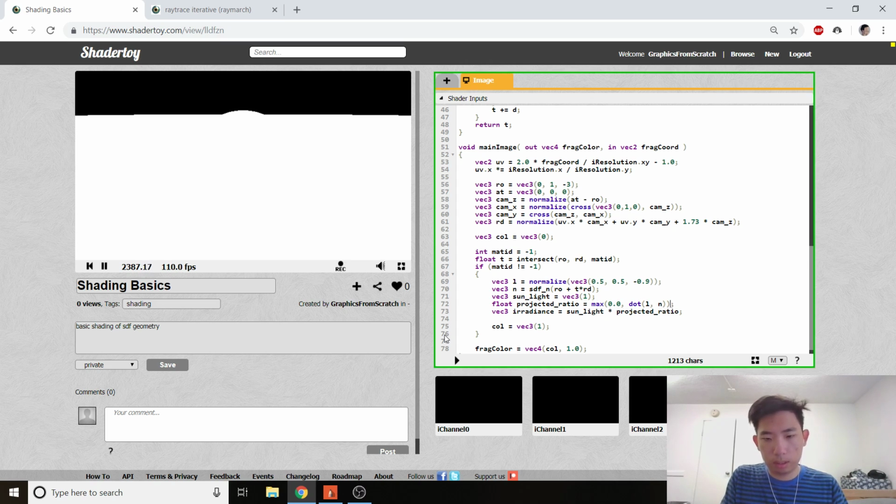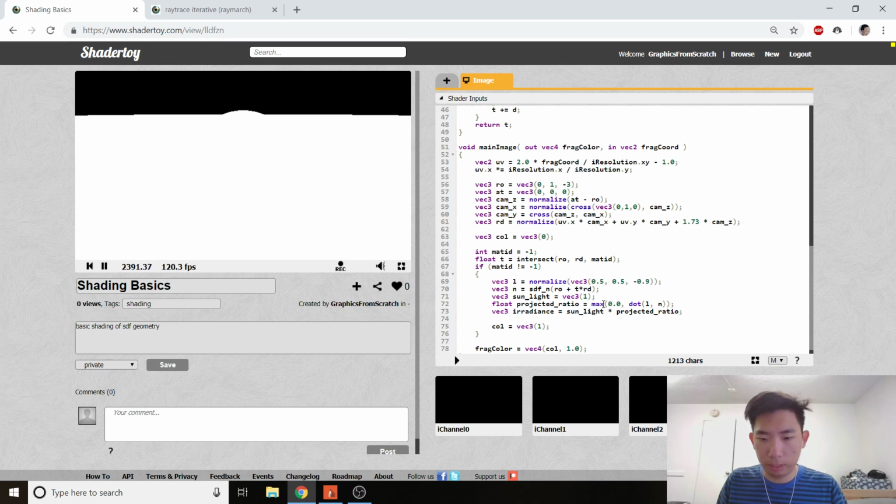So we do a max by 0. What this means is we take the max value between the first argument and the second argument. If the dot product is between 0 and 1, it's always going to take that one, because it's the maximum of the two values anyway. But if it goes negative, then it's going to take 0, which means effectively we're clamping the result of the dot product.